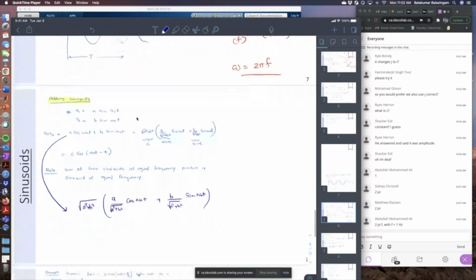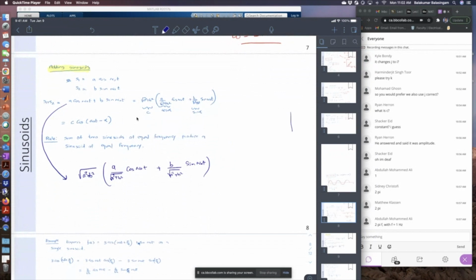Why did we do that? If you think about this, if this is A and B, and let's say this is theta, we know that this is the square root of a squared plus b squared because this is 90 degrees.